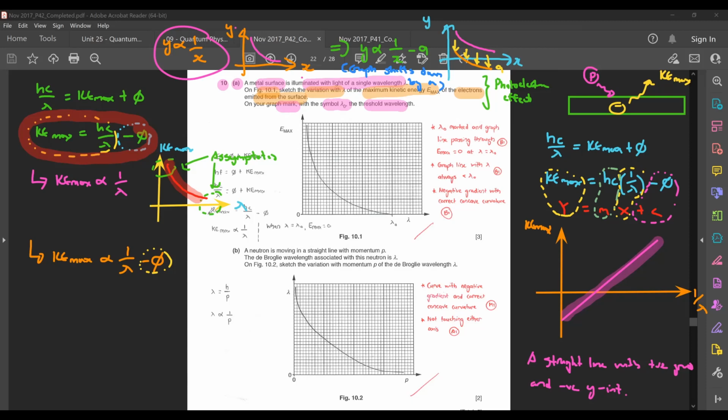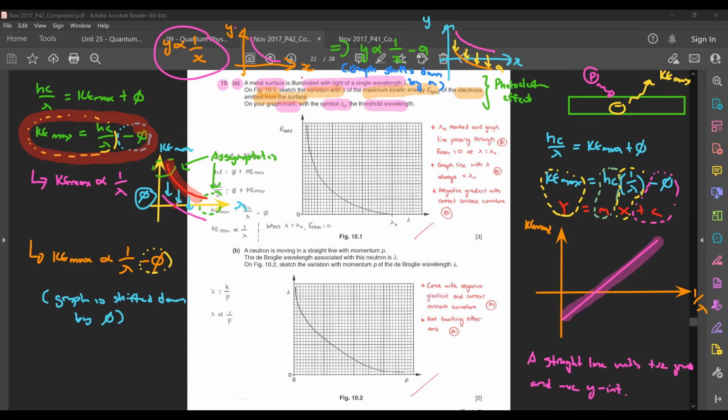So instead of having that red colored line there, it is now this pink colored line, because it has been shifted down by phi.